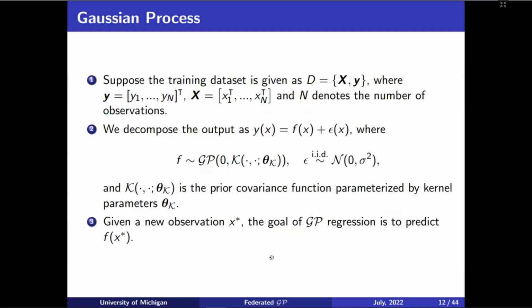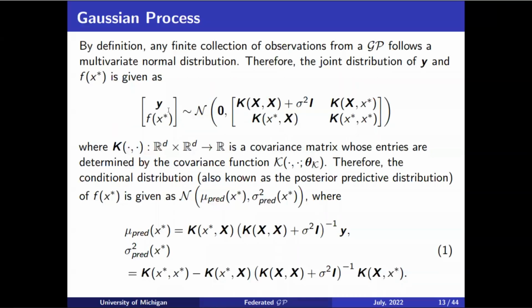Now, given a new observation x star, our goal is to predict the output, which is f(x star). By definition, any finite collection of observations from a GP follows a multivariate normal distribution.